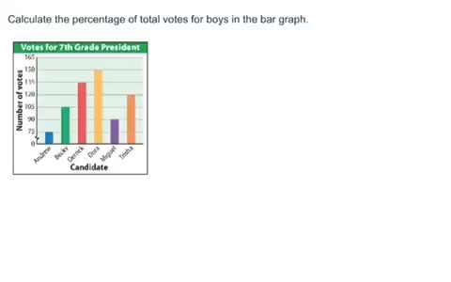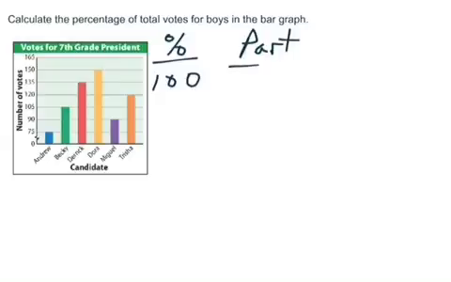Before we do this, they give this in numbers: Andrew, Becky, Derek, Dora, Miguel, and Trisha. We have all the votes that they tallied for 7th grade president. So we need a total. If you remember, we always have our percent over 100, and then our part to whole.